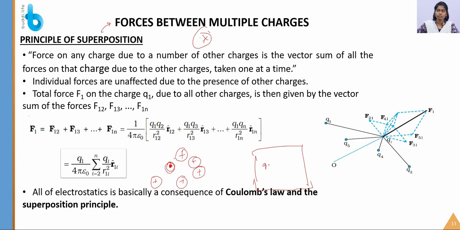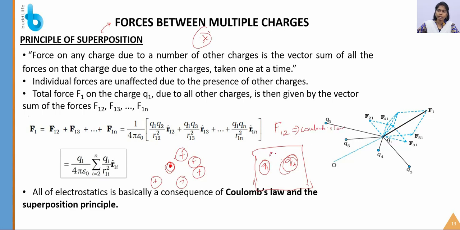For example, if a charge q1 is present in the system, what is the force experienced by q1? It depends upon q2, because two charges are present in the system, say q1 and q2. The force experienced by q1 is the force due to q2, that is F12. The force experienced by charge 1 due to charge 2 is given by Coulomb's law, right?